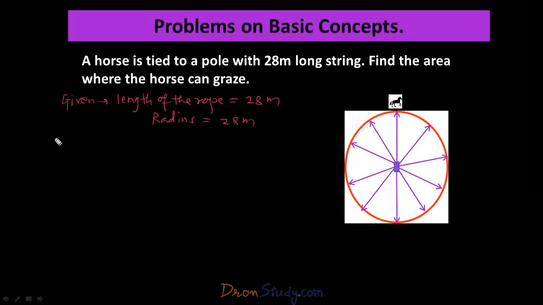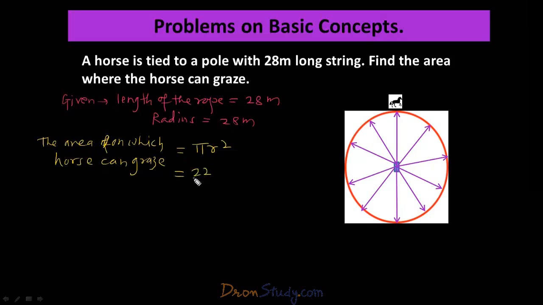Therefore, the area on which the horse can graze is equal to pi r square, that is the area of the circle.